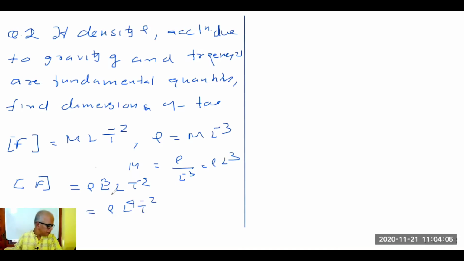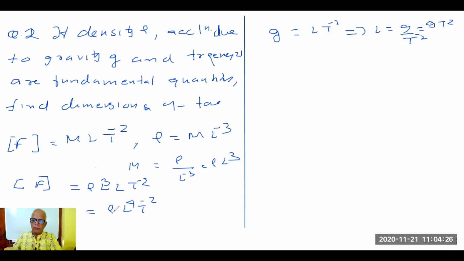I suppose I'm correct. Now, what is L? L you find out from acceleration due to gravity. g is equal to L T minus 2, so L is g T square.